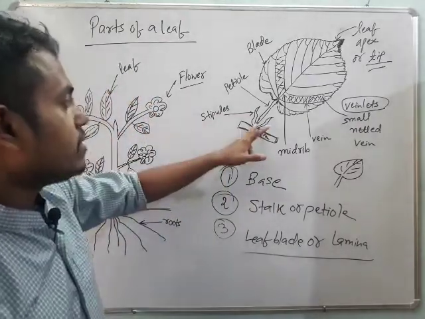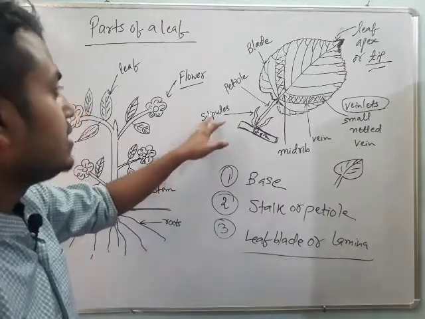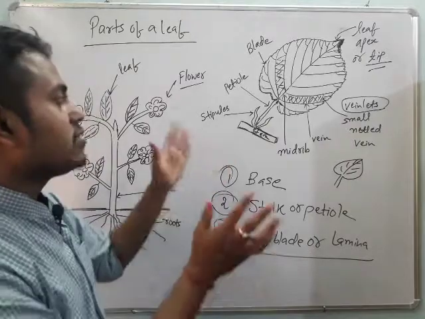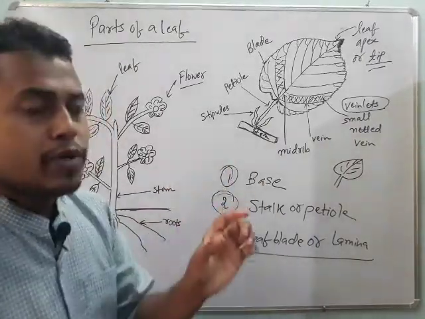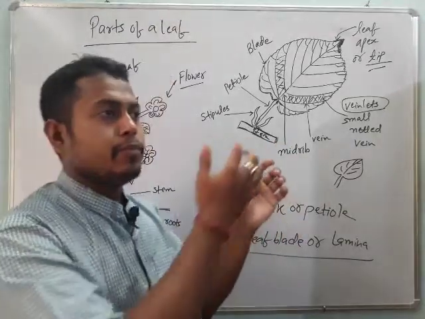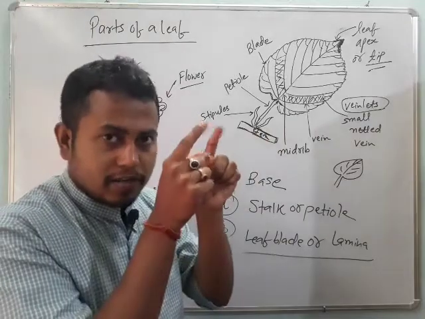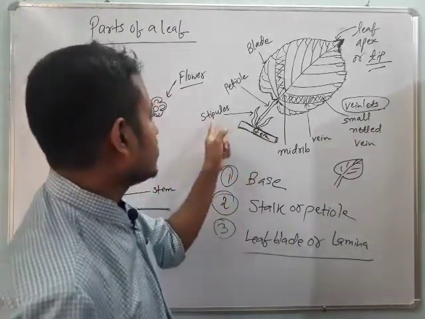Okay, small grass-type structures, that is called stipules. It is not necessary, but you should understand and know the word. If you pluck any leaf or any flower, you will find these small shapes. That is not exactly leaves either, that is called stipules.